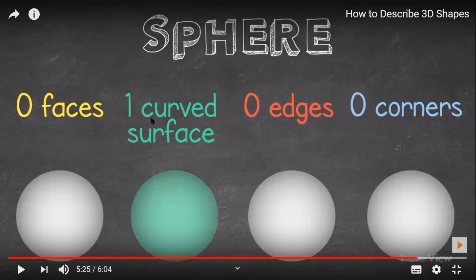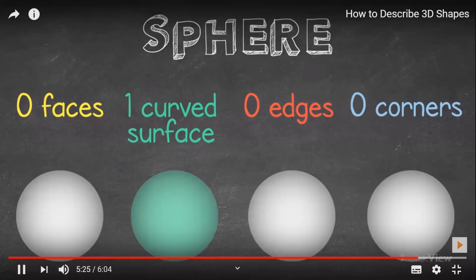It has one curved surface, no face. It's all rounded. It has no faces, no edges, no corners, just one curved surface. Sphere. How unique is that?